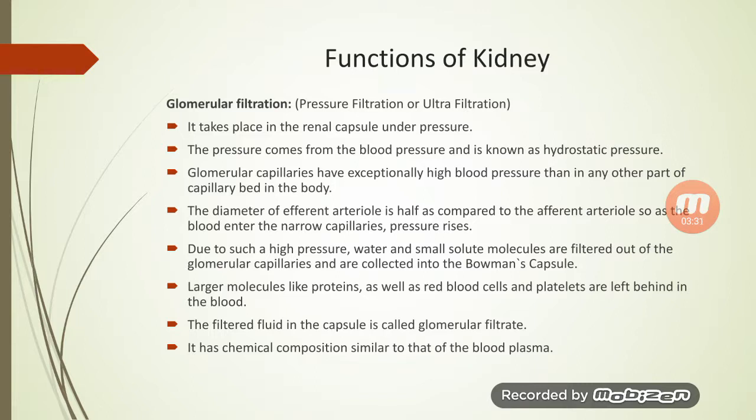And in the fourth point, the blood enters the capsule via the afferent arteriole, which is larger in its diameter, and leaves via the efferent arteriole, which is smaller in its diameter. As the blood enters through a larger inlet than the smaller outlet, hydrostatic pressure is generated.